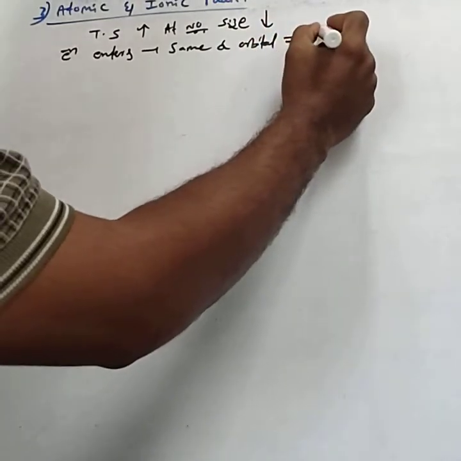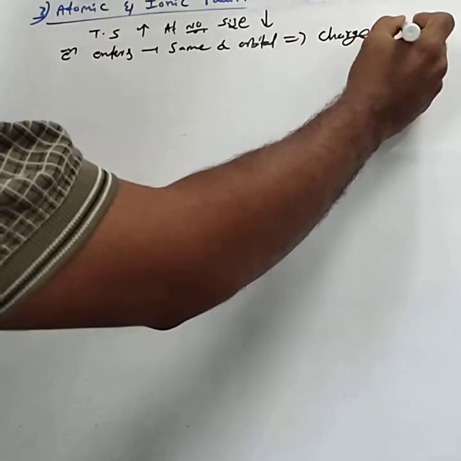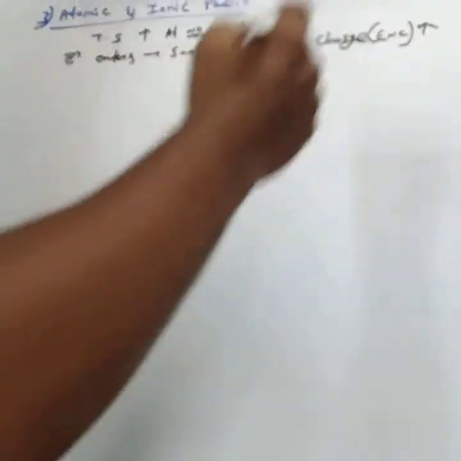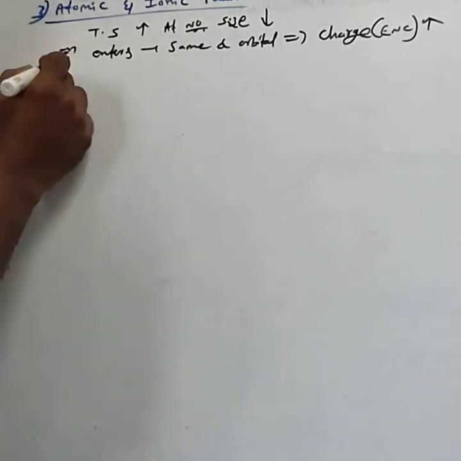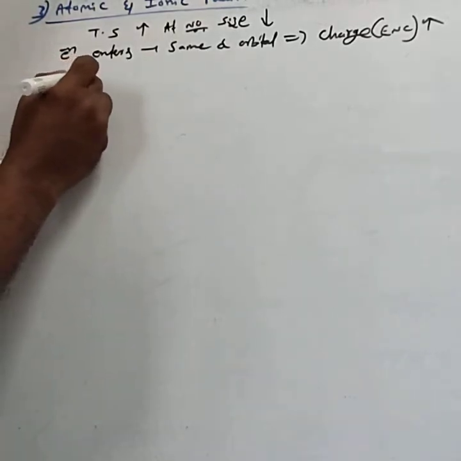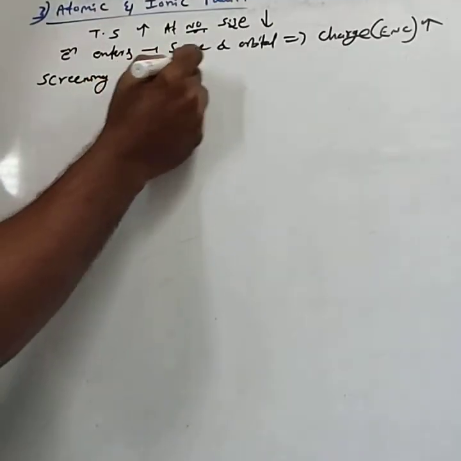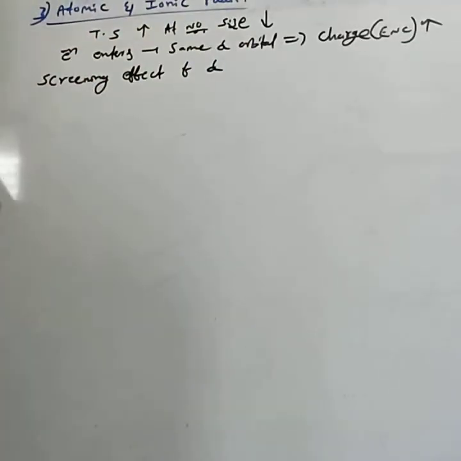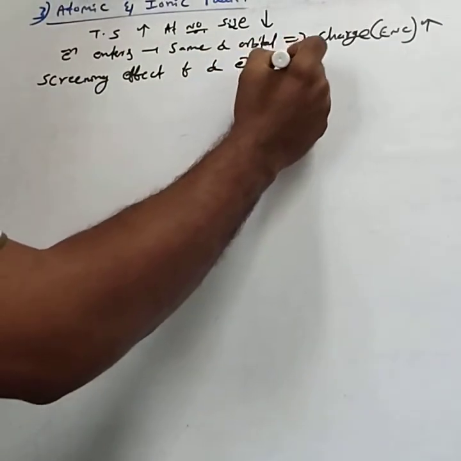Then the effective nuclear charge, commonly called ENC, increases, while the screening effect or shielding effect of the d electron is not much effective.